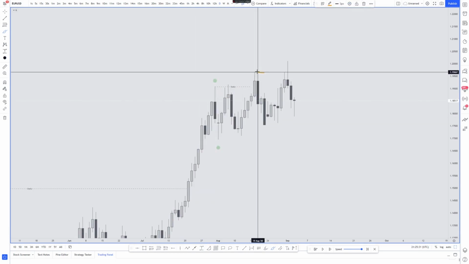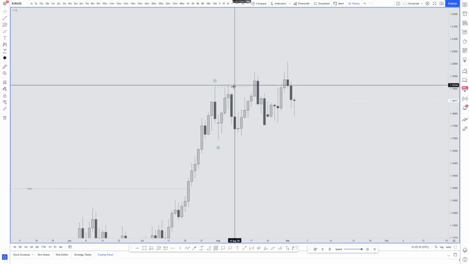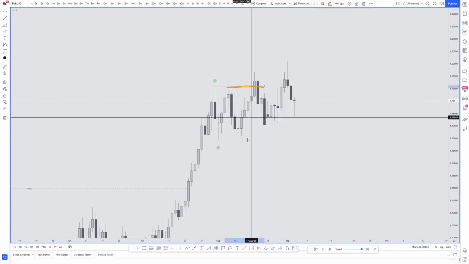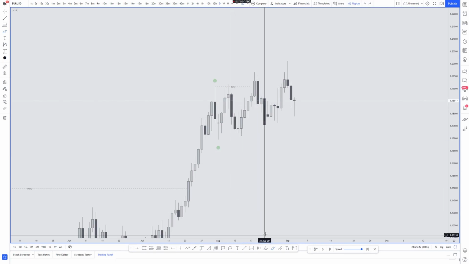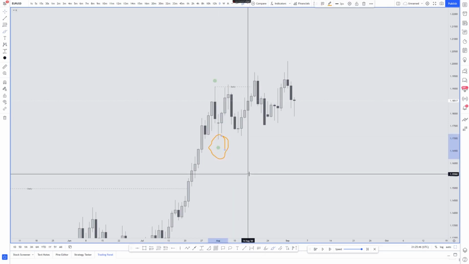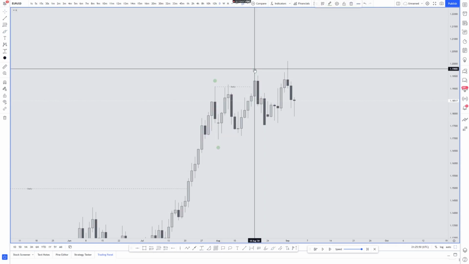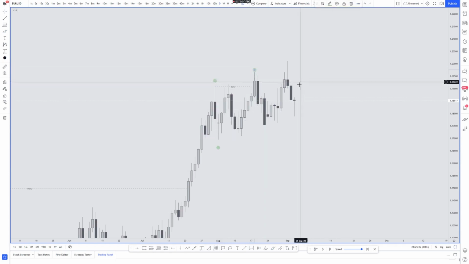That market structure doesn't actually form till this happens here, and only by this candle body is it confirmed that we have new structure. Once again, we will pull the lowest point, which is the green dot here, to the highest point. Now what we have is a confirmed bullish trend.